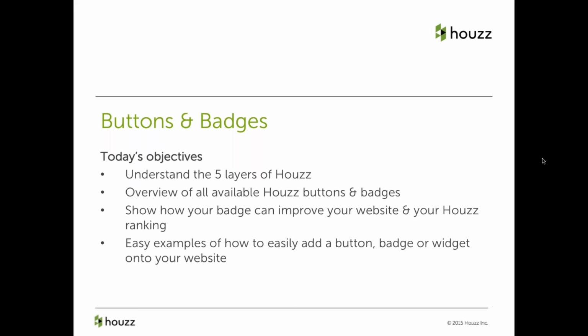Then we'll go through an overview of all the available badges and buttons that we have on Houzz. I'll show you how a badge can actually improve your website and your directory ranking on Houzz. And then we'll go into some easy examples of how you can add a button, a badge, or a widget onto your own website.